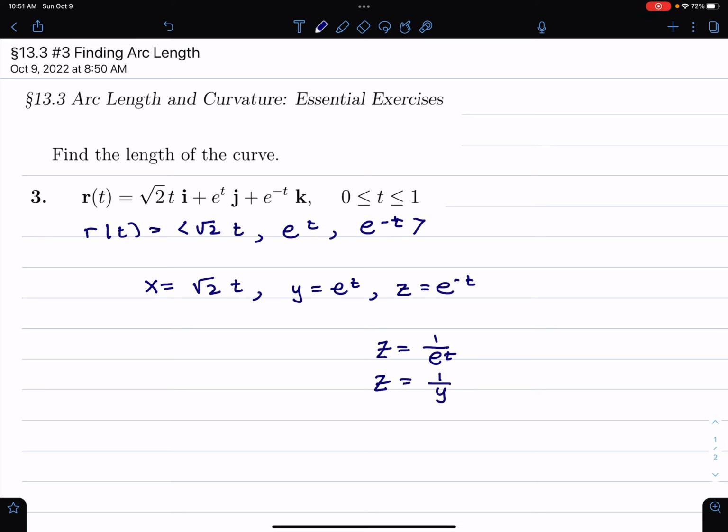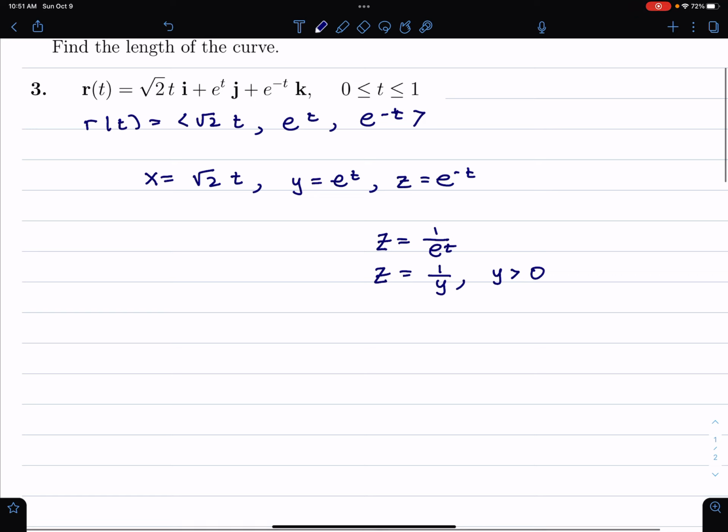Also, when I write z equals 1 over y, let's keep in mind that because y equals this exponential function, y is greater than 0. So let's just sketch this z equals 1 over y in x, y, z space.